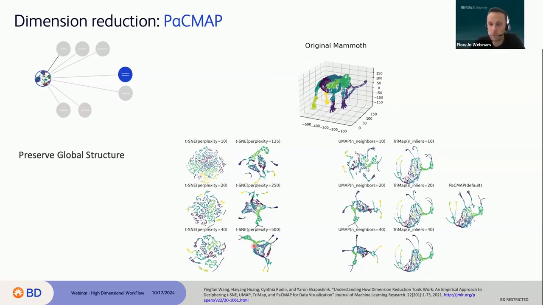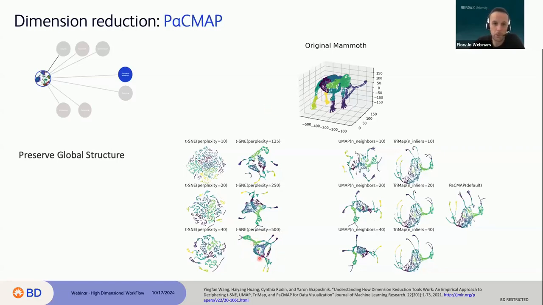So we don't really get back the shape of the mammoth. The best thing we did when we moved the perplexity, which is probably for t-SNE the most important parameter controlling that visualization, we see that when we change the perplexity, the best thing that we can get is more like a chicken than a mammoth.